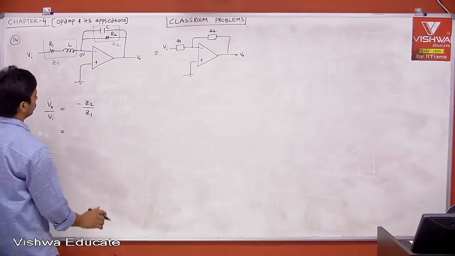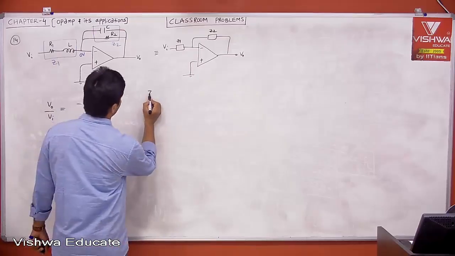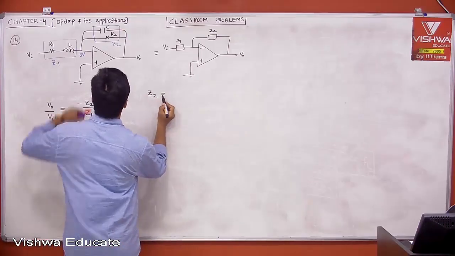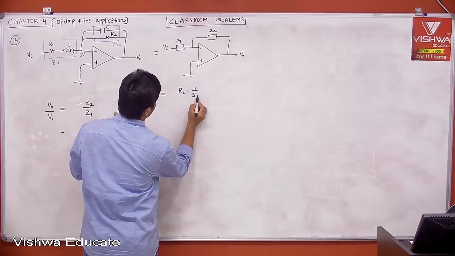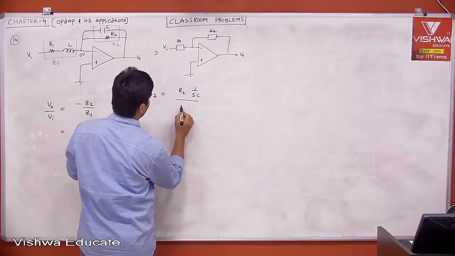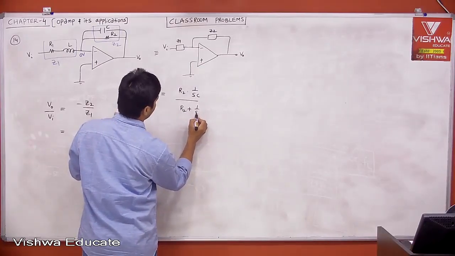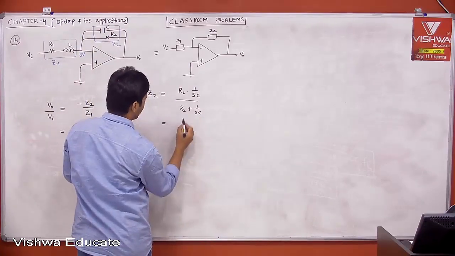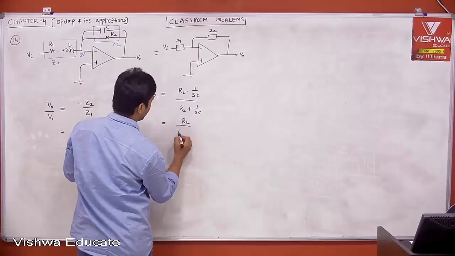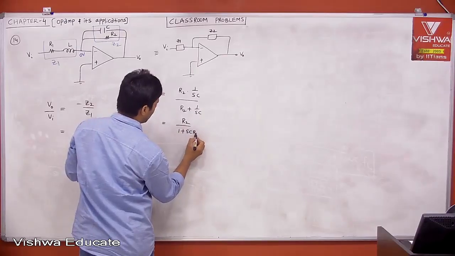What is Z2? That's what we need to get. Z2 is nothing but, both are in parallel, right? R2 into 1 by SC divided by R2 plus 1 by SC, like R1 R2 divided by R1 plus R2. Therefore, SC will be cancelled. It will be R2 divided by 1 plus SC into R2.